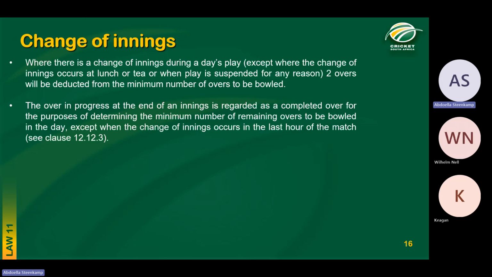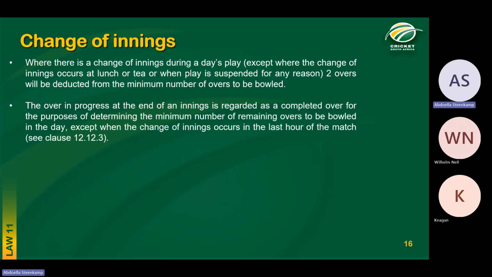The playing condition tells us you will now take that over as a completed over, i.e. round up that over. It will now be rounded up from 64.3 to 65 overs. This is what the playing condition tells us. So it will now be 65 overs bowled.